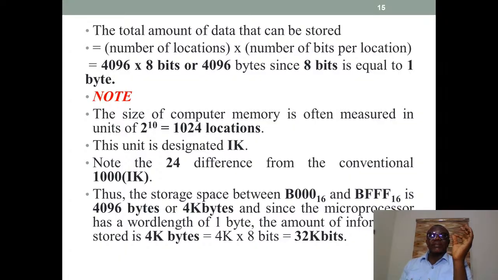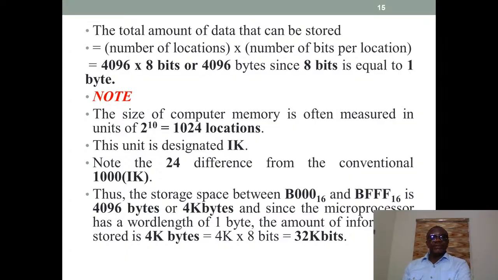In other words, the number of bits will be 4096, which is the locations, times 8 bits. But because 8 bits equals 1 byte, it becomes also 4096 times 1 byte.